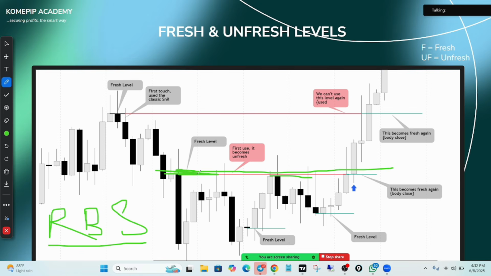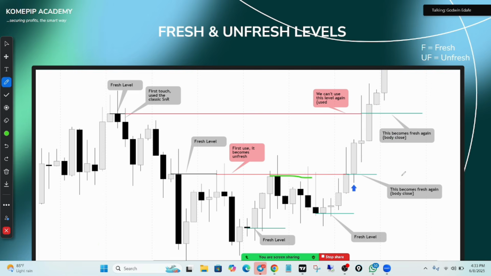This was a resistance level broken, so it becomes support. Let me say that again: we had a resistance here, A-shape, used, price closed above it, so there was a break. Immediately price closes above it, it turns into a support level. That's what they call ROBS. Is it clear?